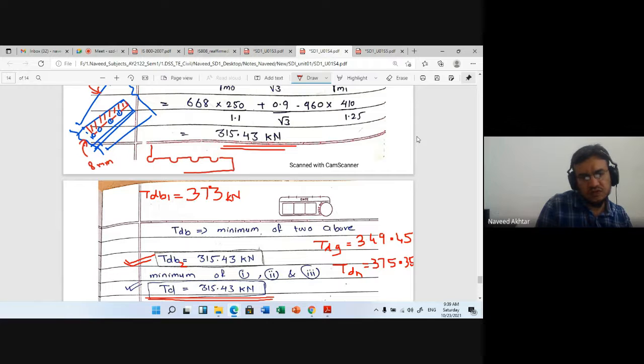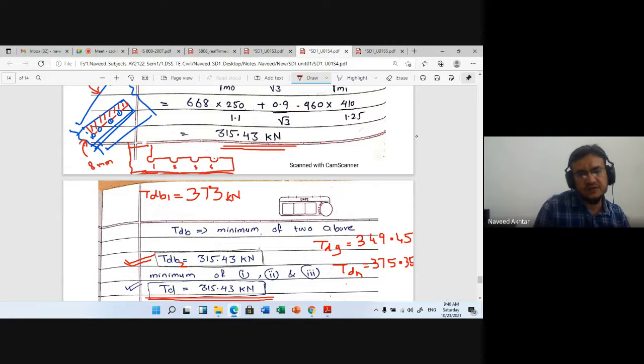This is the outstanding leg. Okay, so this is the block shear failure. How many bolts are there? One, two, three, and four.